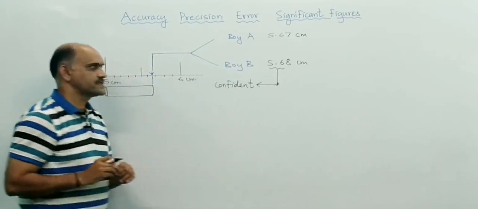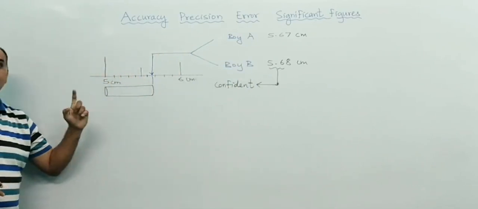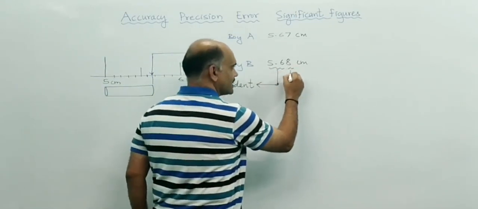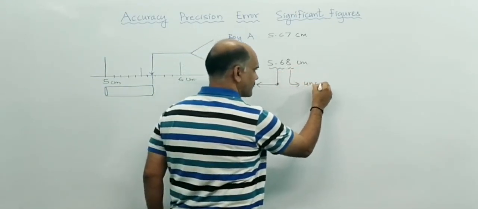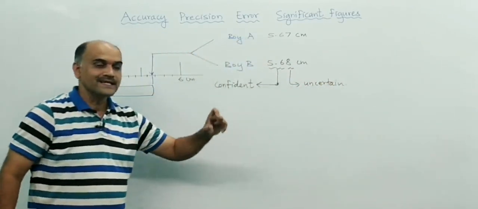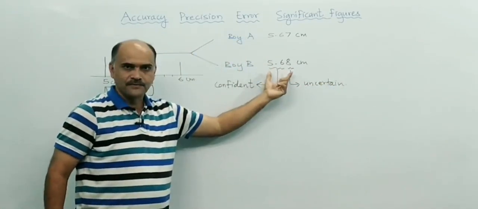The next digit we are not confident about, it is uncertain. So this digit which we are taking is uncertain. Both together we write as its value.